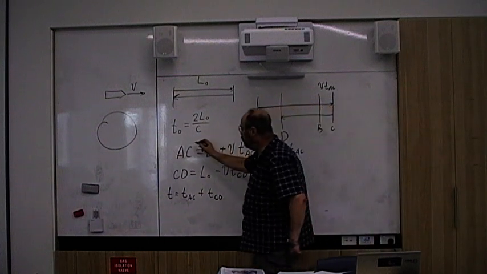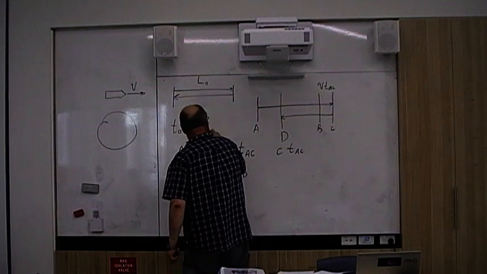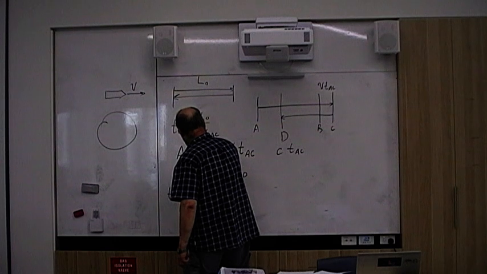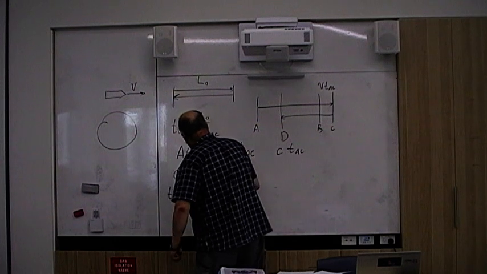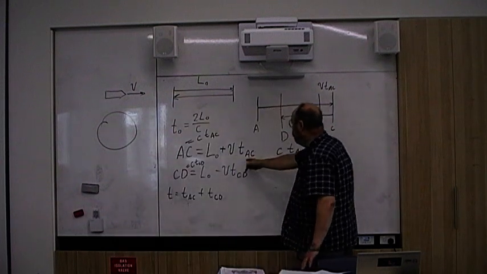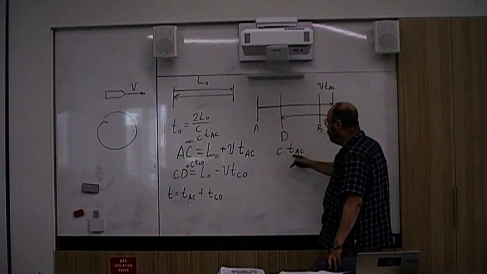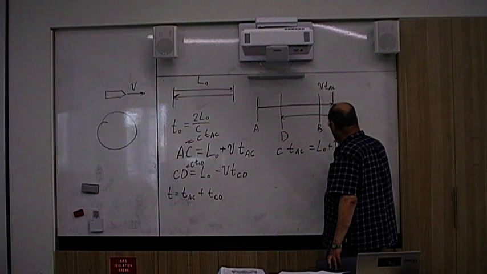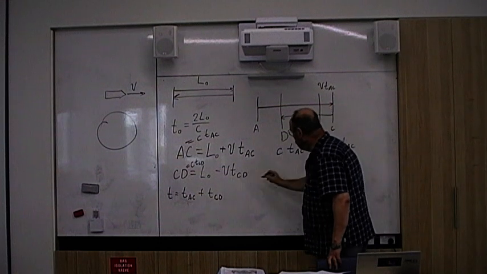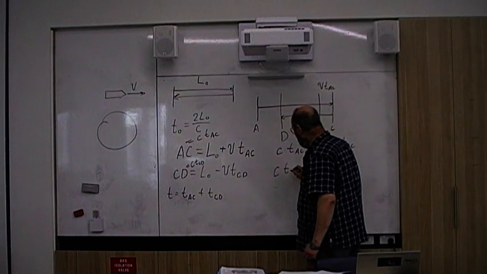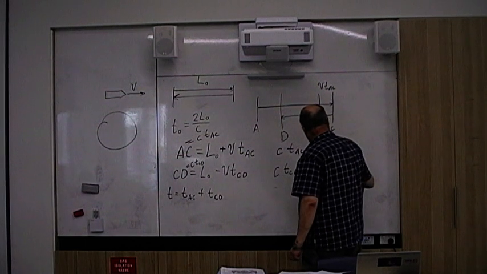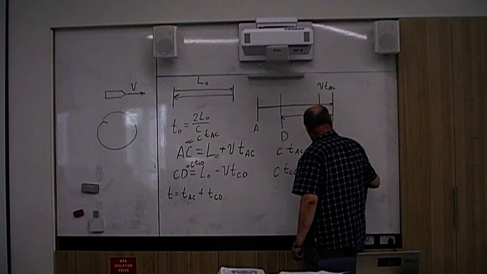AC equals C times T_AC, CD equals C times T_CD. Then rearranging, we have C T_AC equals L0 plus V T_AC, and from this we have C T_CD equals L0 plus V T_CD.